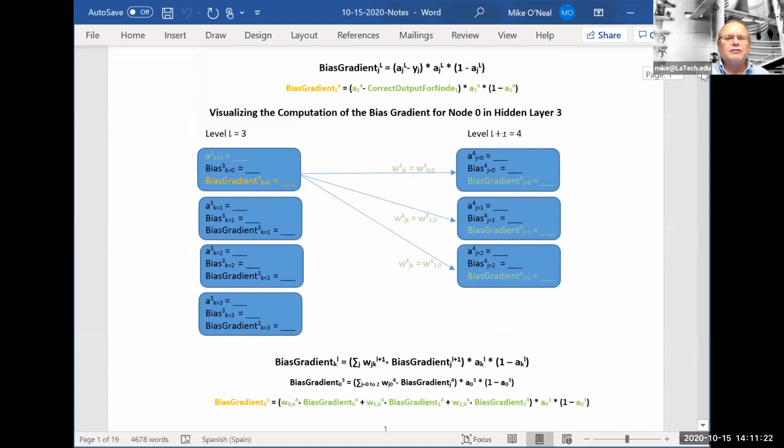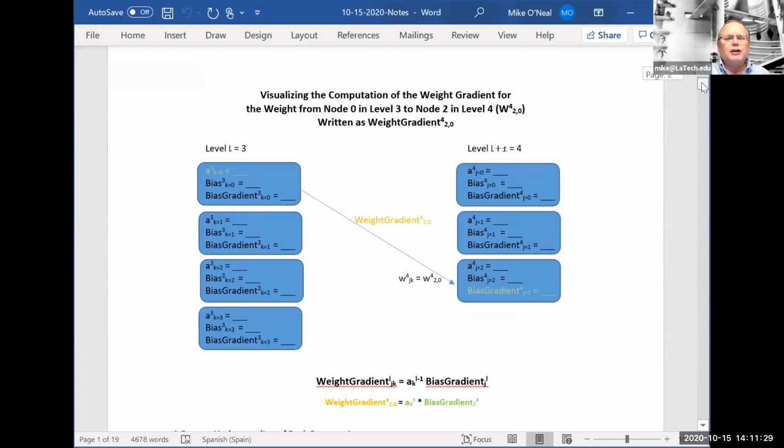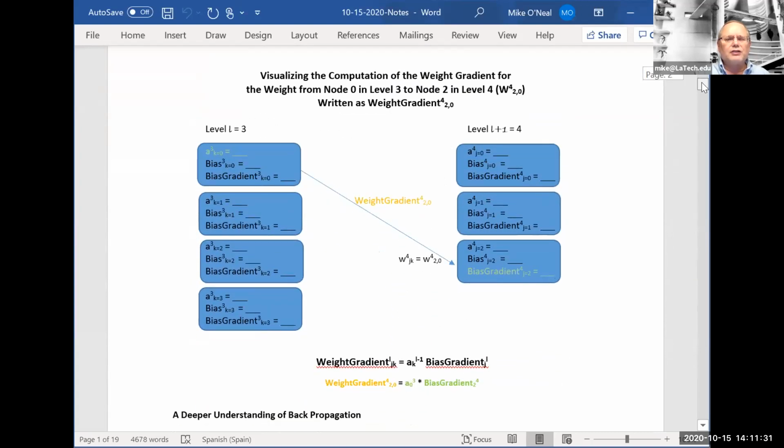Okay, so that's the equations for the bias gradients at the intermediate layers. And then the last equation we have is, how do I come up with a gradient for a weight? Well, that's just going to be the output of the source node times the bias gradient of the target node.